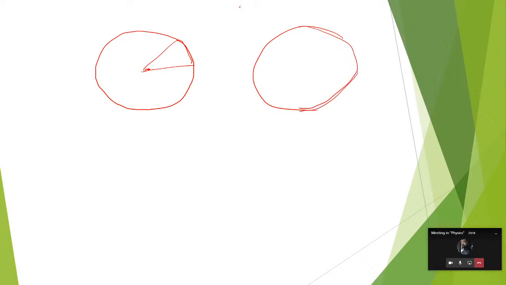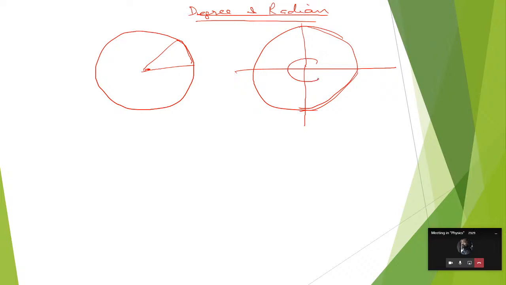So there is a circle, degree and radian. What is the total angle in the case of a circle? Total angle equals 360 degrees. This will be termed as 2 pi radians.